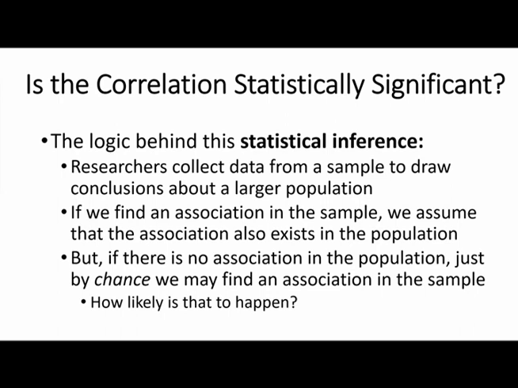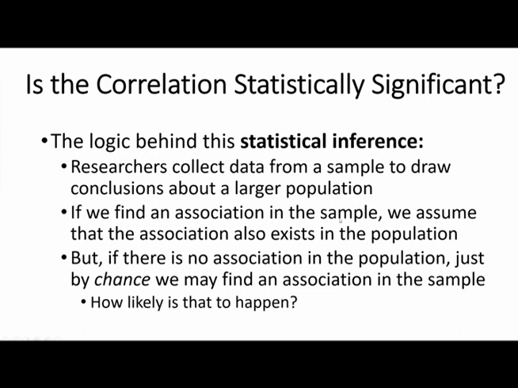So they're using a smaller subset of individuals to try and understand something about that larger population. So they're making an inference about that larger population. And an inference is a conclusion that's going to be reached on the basis of evidence and reasoning. So by collecting this data and running statistics on it.